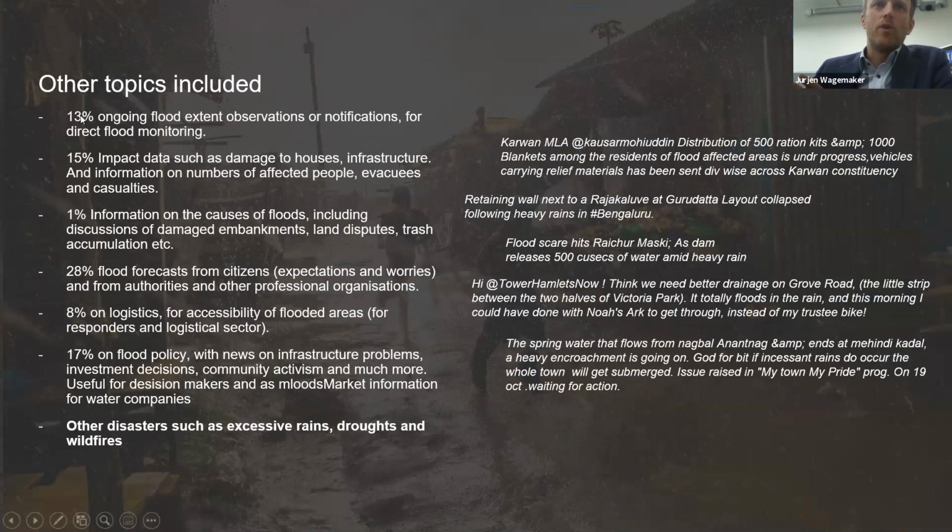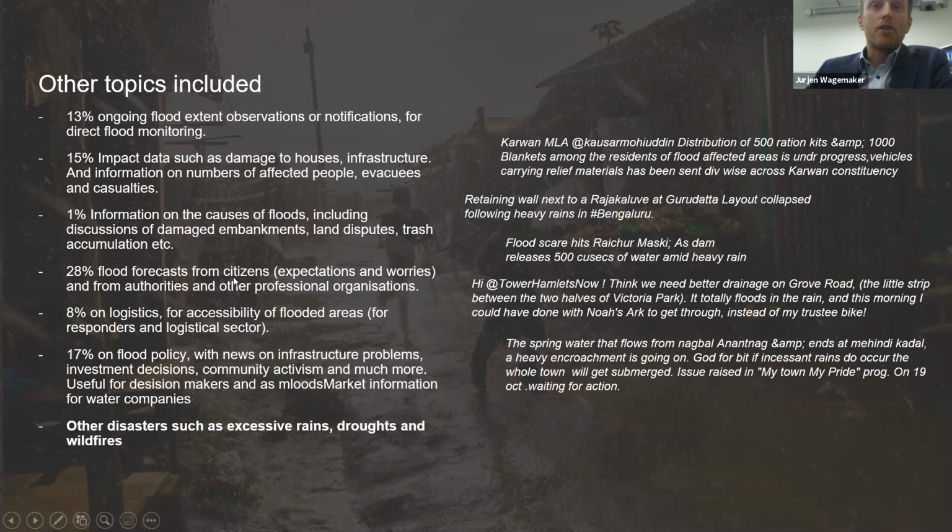Just for this set, we saw that 13% was about ongoing flood extent. 50% had impact data. 1% had real information on the causes of floods. You have to think about these kinds of tweets. Retaining wall next to collapsed following heavy rains. 1% of content is about that.